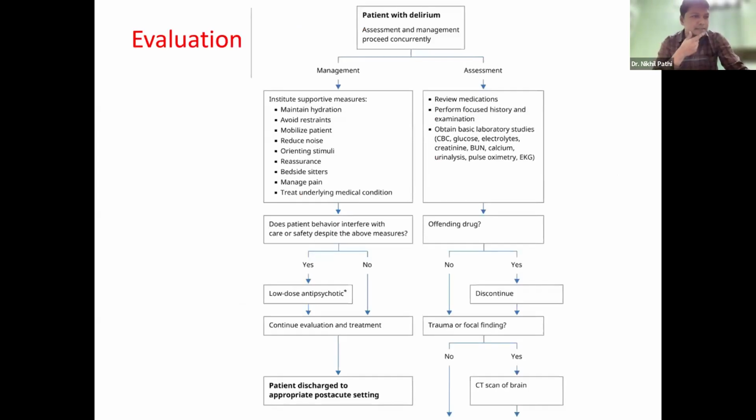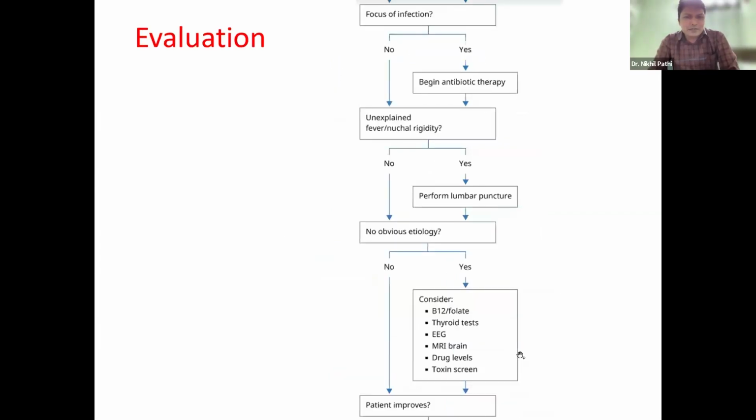As was said earlier, we look into the various factors which can be corrected, like hydration status, source of infection, and the drug chart. Depending on whether it is hypoactive or hyperactive delirium, we try to manage our patients, giving low doses of antipsychotics if needed, and then maybe do some brain imaging or evaluation to find out if there are any other causes. This is what we do in clinical practice also.